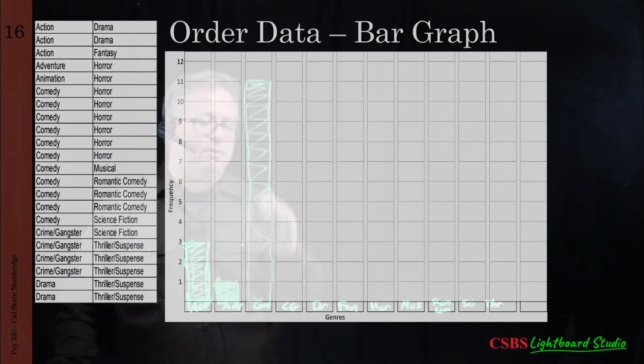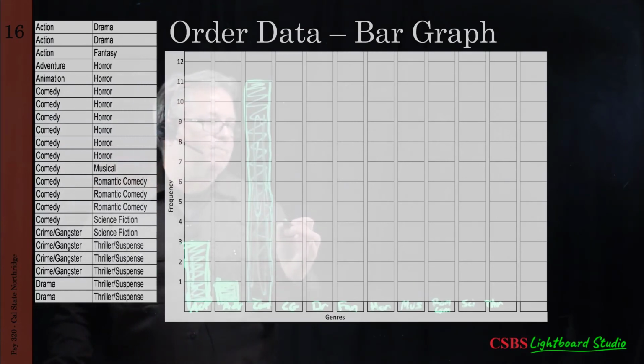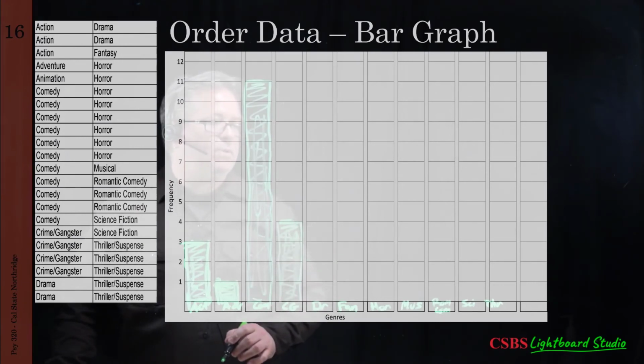There's comedy. Okay. For crime and gangster, there's 4 of them. For drama, there's 2, 4 of those as well.